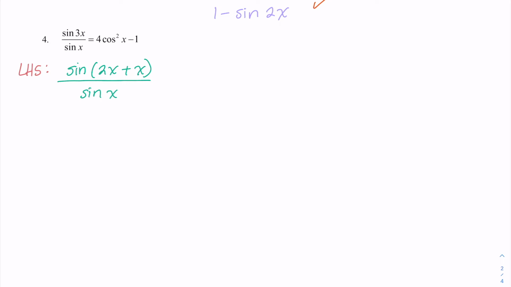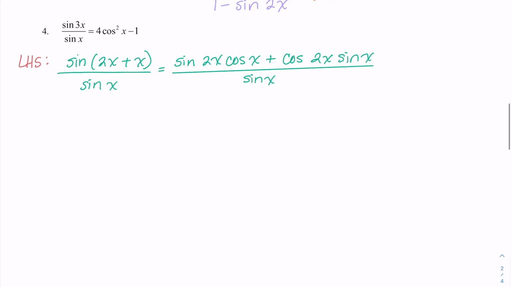Now, let's go ahead and use our formula for the sine of a sum of angles. And that's equal to the sine of 2x multiplied by the cosine of x plus the cosine of 2x multiplied by the sine of x. And that's all divided by the sine of x.